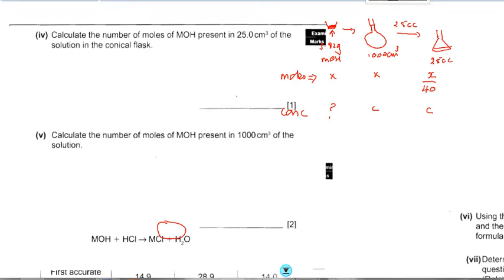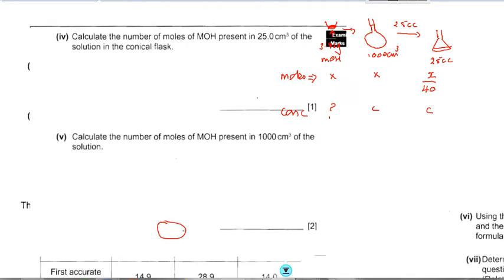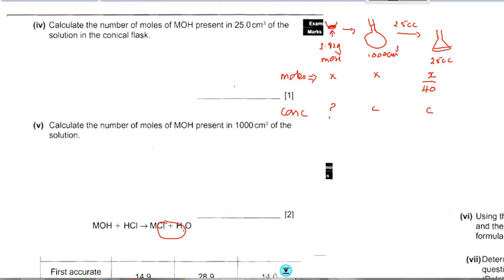So the next part is part 4. Okay, so we've got to this time calculate the moles of the MOH. Well, if you remember from down here, we had calculated the moles of the acid. Okay, and the moles of the acid worked out at, let me just do it again, 1.75 times 10 to the minus 3 moles of the acid.